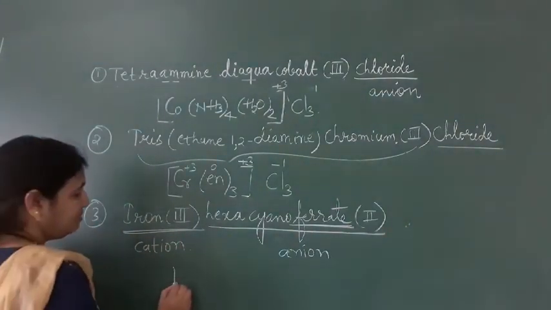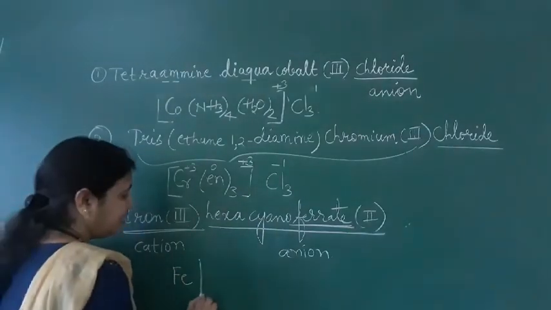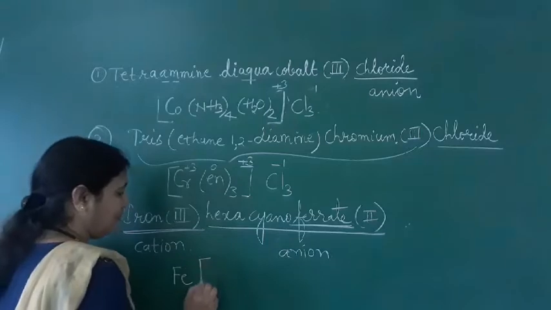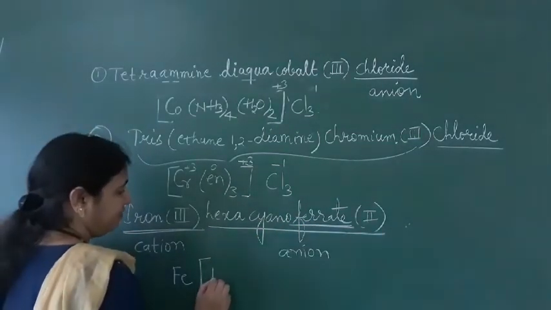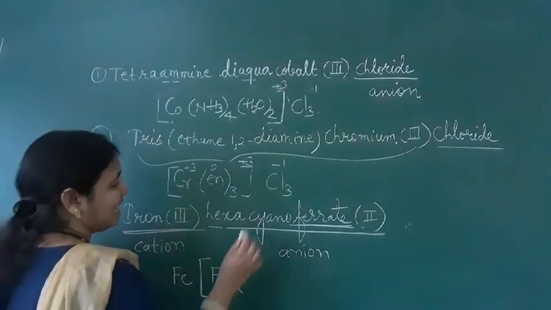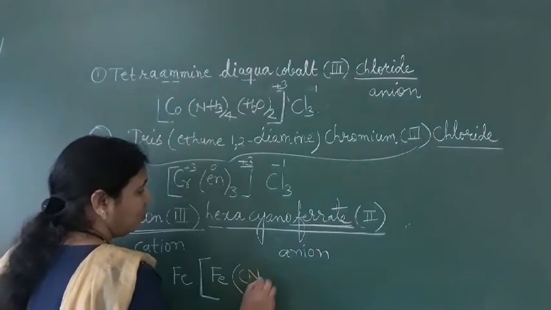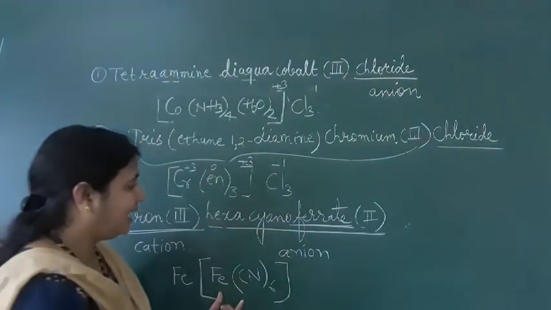So this iron is a cation and it will be outside the bracket. Inside the square bracket, a complex anion, write down first the metal, ferrate means iron, Fe. And hexacyano, ligands cyano. Hexa means 6 here. This is your complex anion.